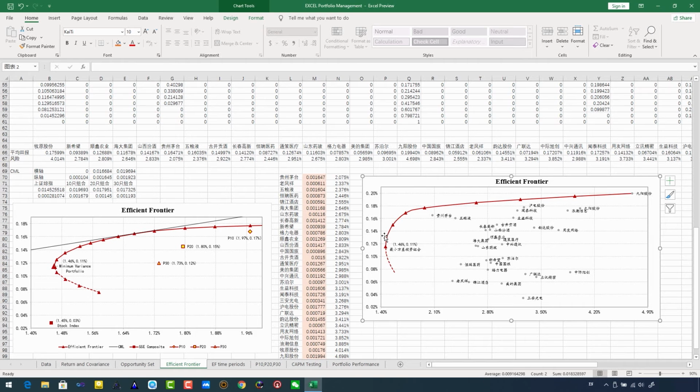So that's the idea of why we want to construct a portfolio and why we don't want to put all the eggs in only one basket. This is the idea behind the mutual fund, if you have a huge amount of money to invest. Okay, so that's the efficient frontier part.